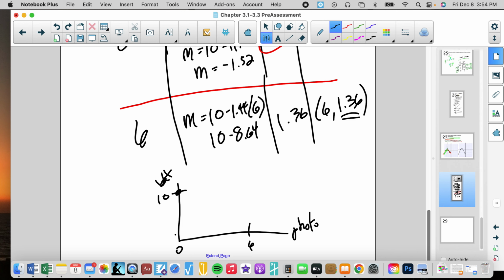That would be a point right here, a discrete point, which would say 6, 1.36. We would need to remember that that y value represents the money left over. And then we would have dots at 1, 2, 3, 4, 5. So you'd have boom, boom, boom, boom, boom, and it would be linear. I don't know what those values are.